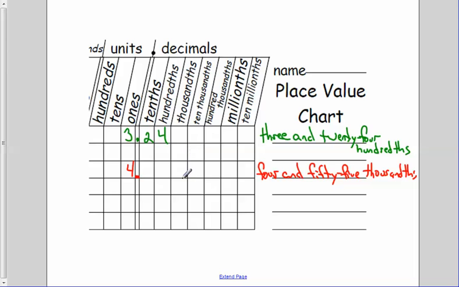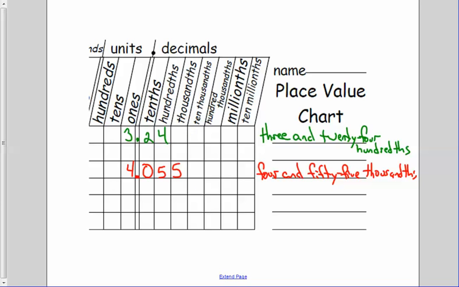So here we're going one more place value over to our thousandths. And so if I have 55 thousandths, that means I need to have a 0 in my tenths. So I would say 4 and 55 thousandths, because that 5 goes all the way up to our thousandths place.